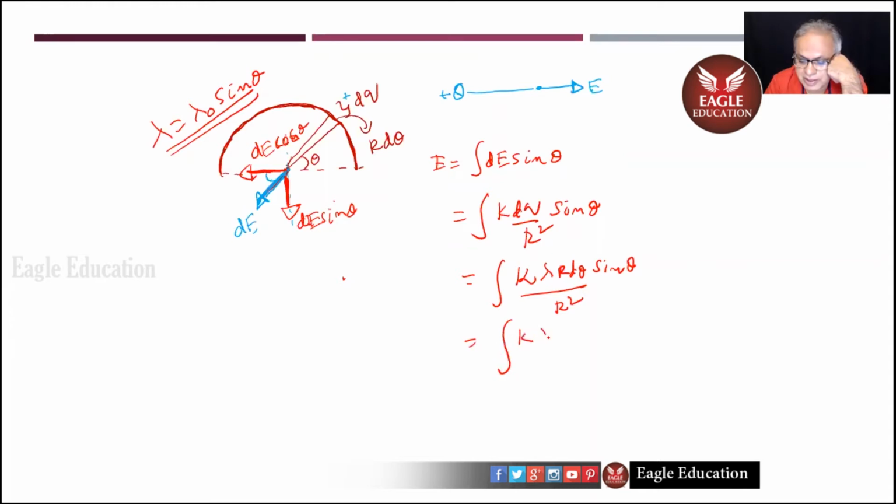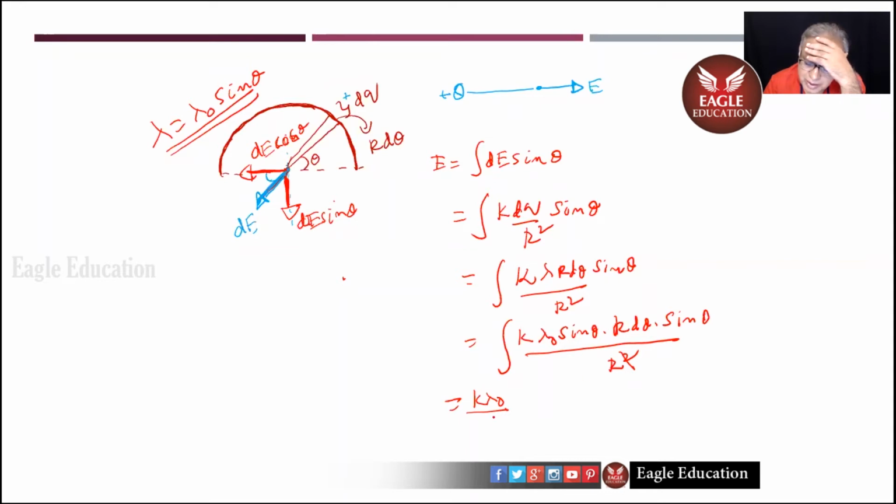k lambda is lambda 0 sin theta, r d theta once again into sin theta by r square. So one r goes. Now k lambda naught is a constant. k lambda naught by r comes out, right?